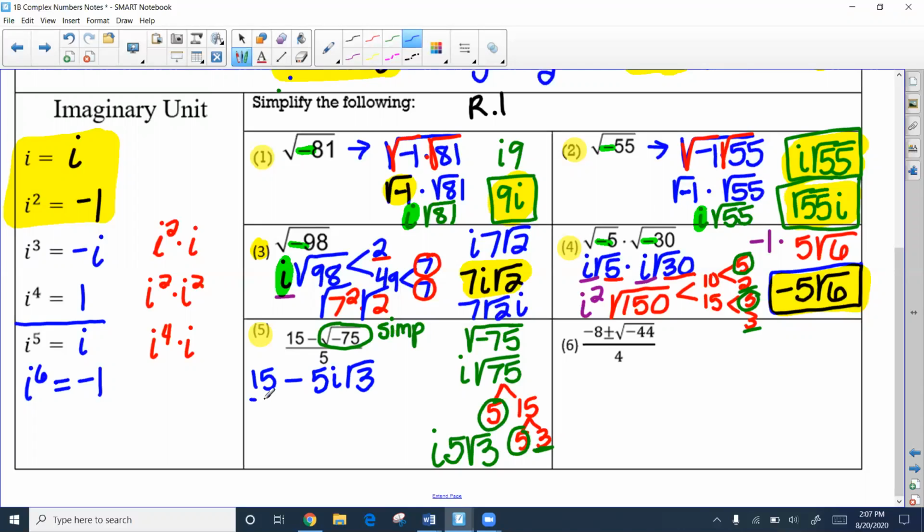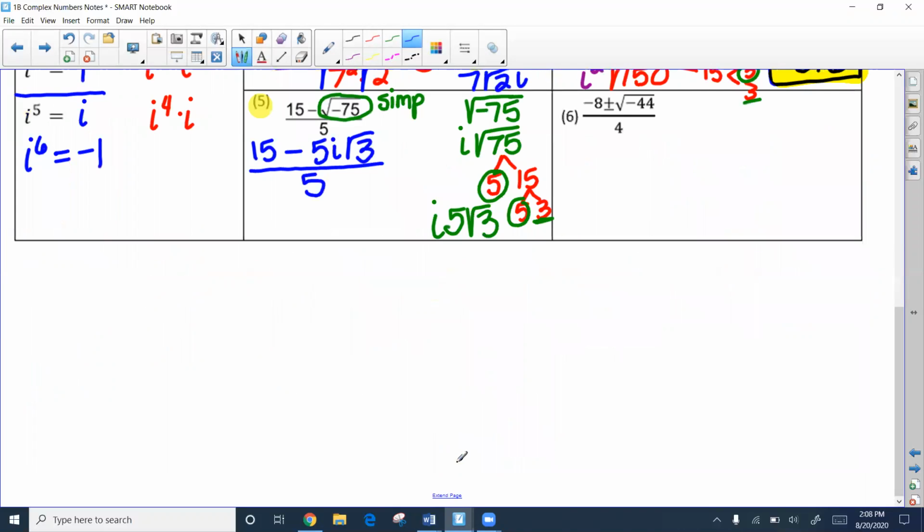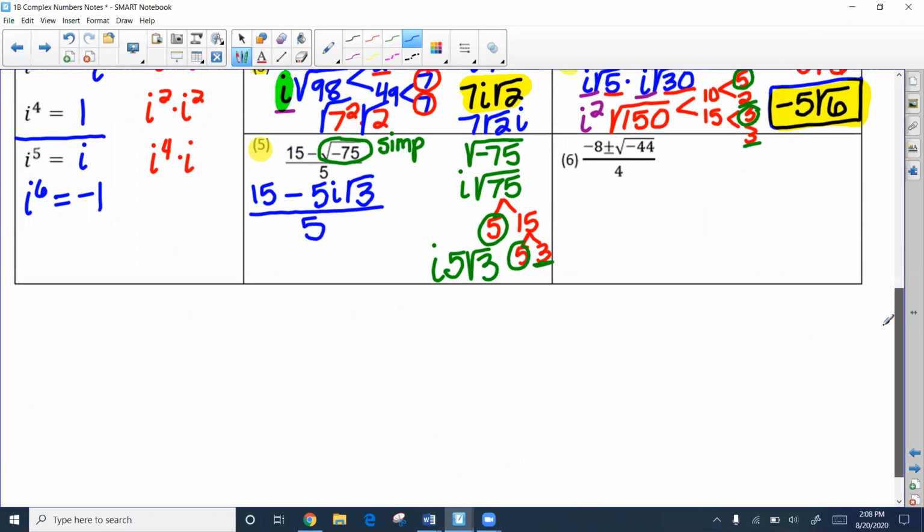And then the whole thing is over 5. Now I can actually divide. So remember, we couldn't divide the 75 by the 5 because it was under the radical. But now I will be able to divide this 5 by the 5 because they're both outside the radical. I won't divide anything with the 3 because it's still under the radical.